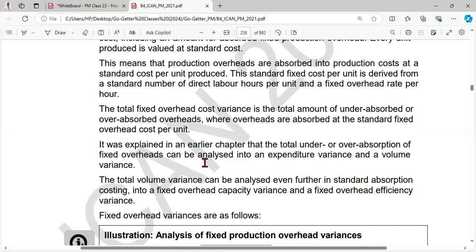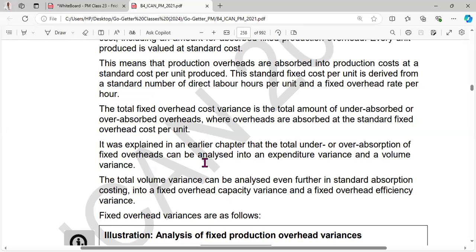So the total fixed overhead cost variance is the total amount of under absorbed or over absorbed overheads, where overheads are absorbed at standard fixed cost per unit. So it means that the standard overhead cost is going to be calculated using standard hours and the standard overhead absorption rate.